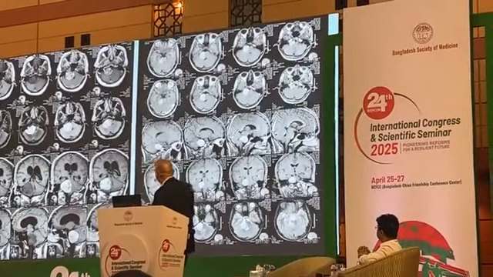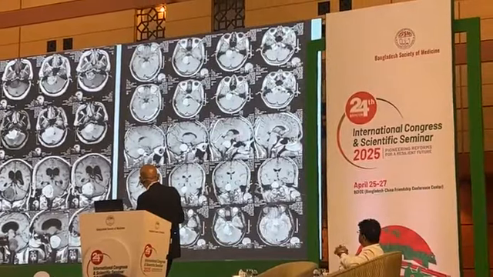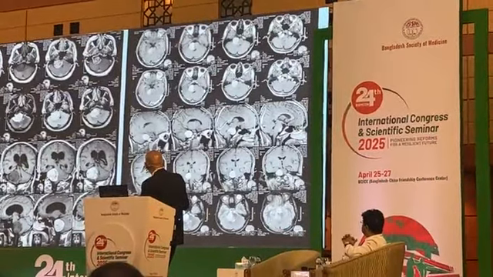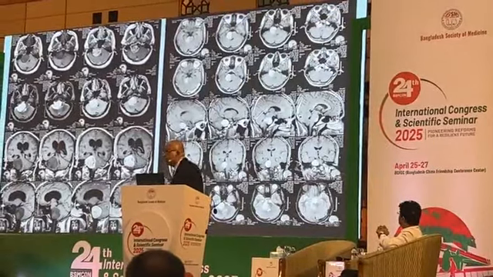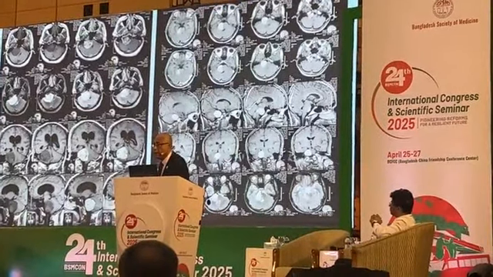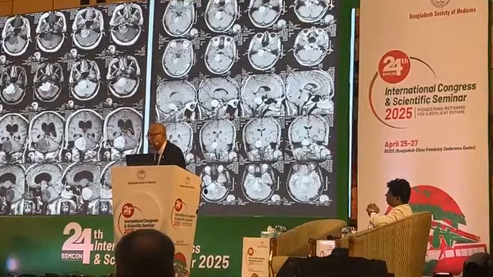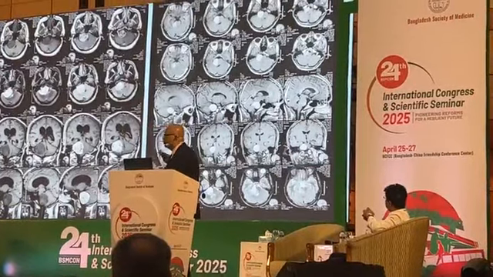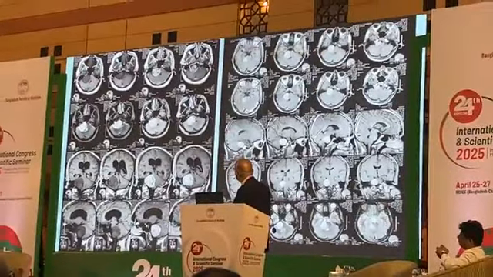But unlike this one, can you see here, there is no cone and it's smooth, the outer margin is smooth. This is very homogeneously enhanced. This is likely to be a meningioma rather than acoustic neuroma. But it can also be others and so on.